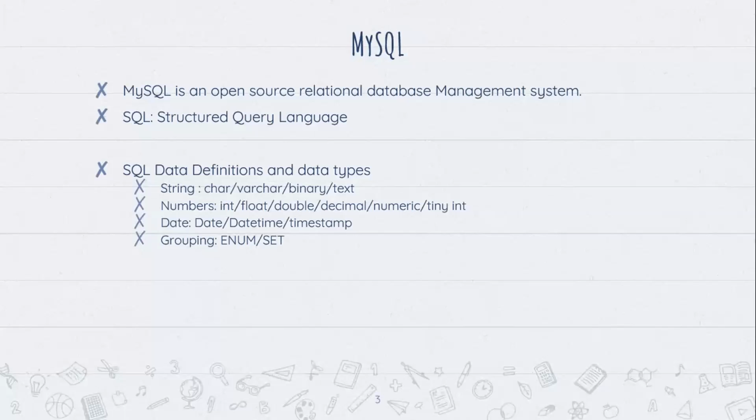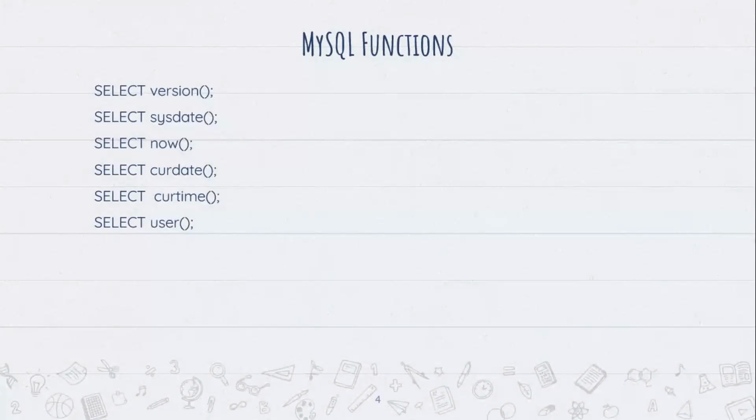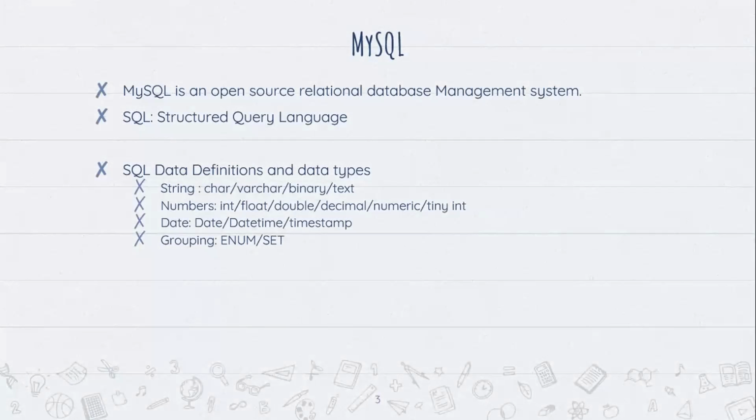And if you want to add the date and time both, then you can use the datetime data type. And timestamp means there is a date and time, minutes, seconds, everything in there, right?